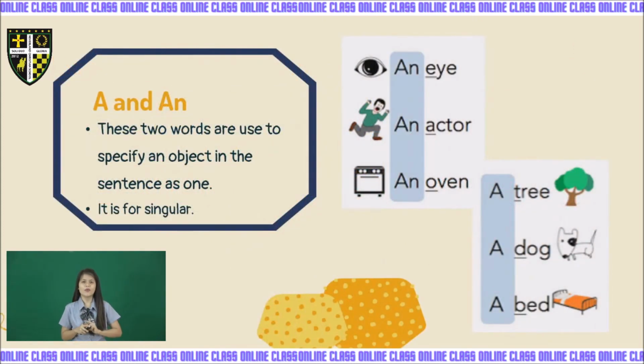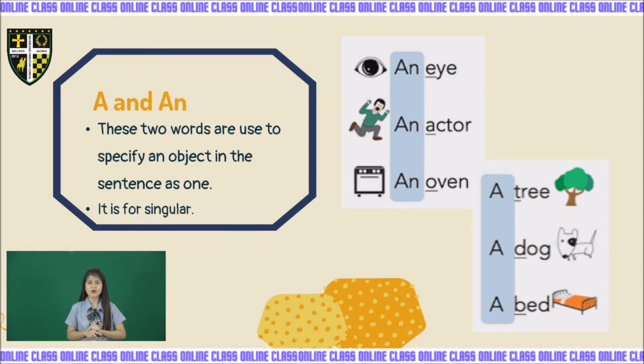Next, after the singular and plural nouns, let's go on to a and an. A and an are actually the same when it talks about singular. However, later on, I will discuss to you their difference. These two words are used to specify an object in the sentence as one.